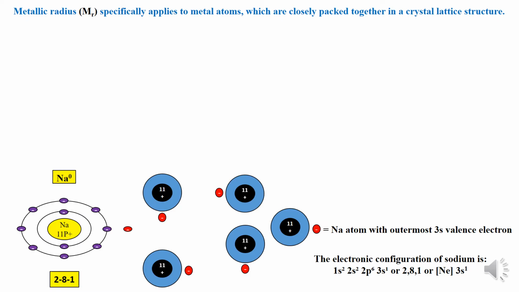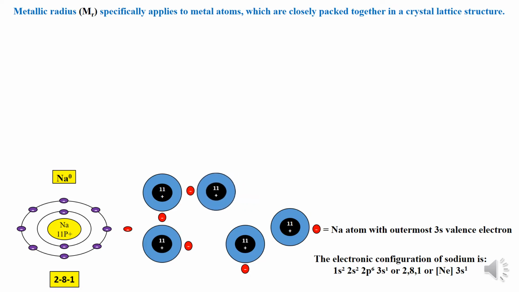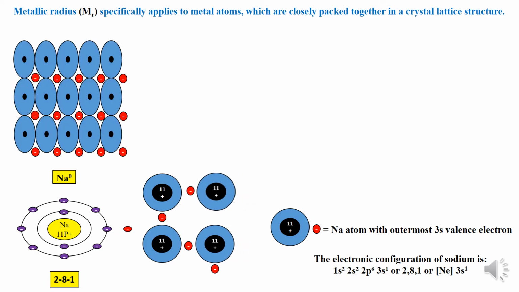As a result of the strong electrostatic force of attraction between the nuclear protons and the loosely held valence electron, the metal atoms come close together, and this leads to close packing, and a network is formed between the sodium metal atoms.